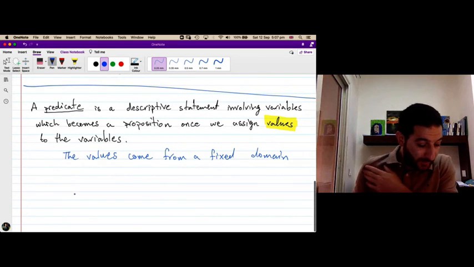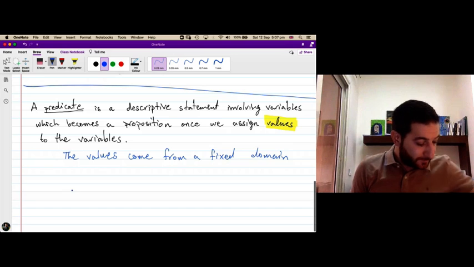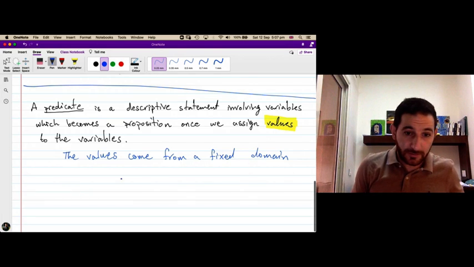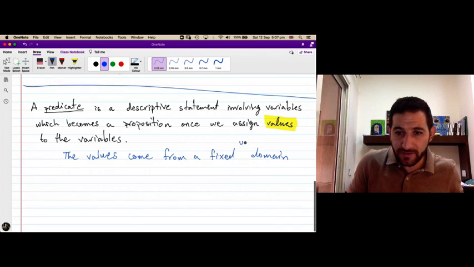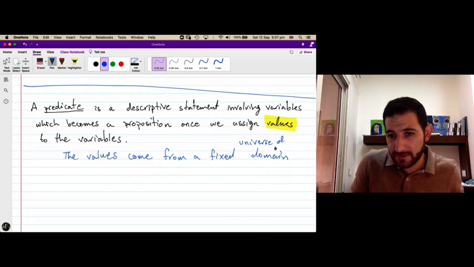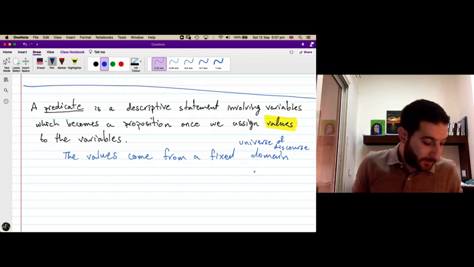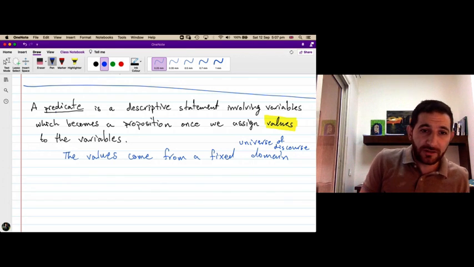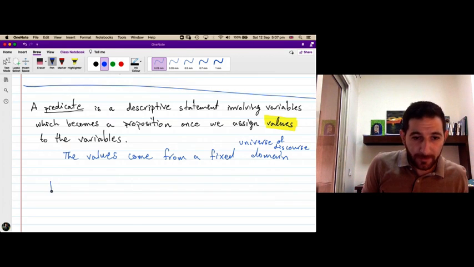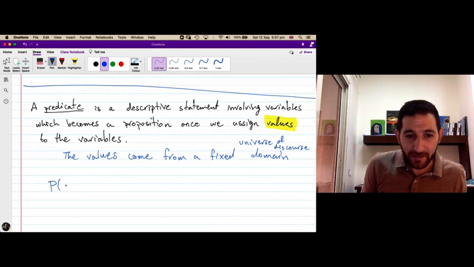Okay, now let me tell you the notation. It's called the domain or universe of discourse. And now what is the notation of our predicate? We write P(x1, x2, up to xn), say it has n variables.